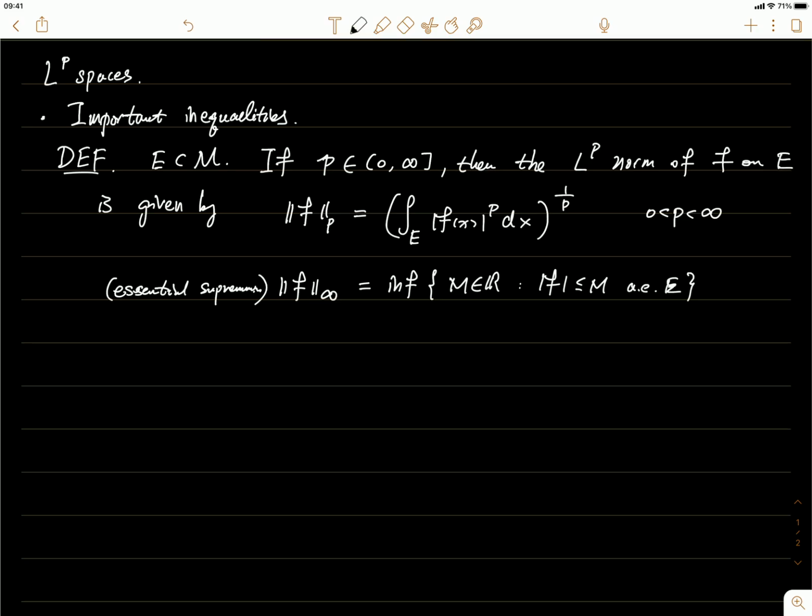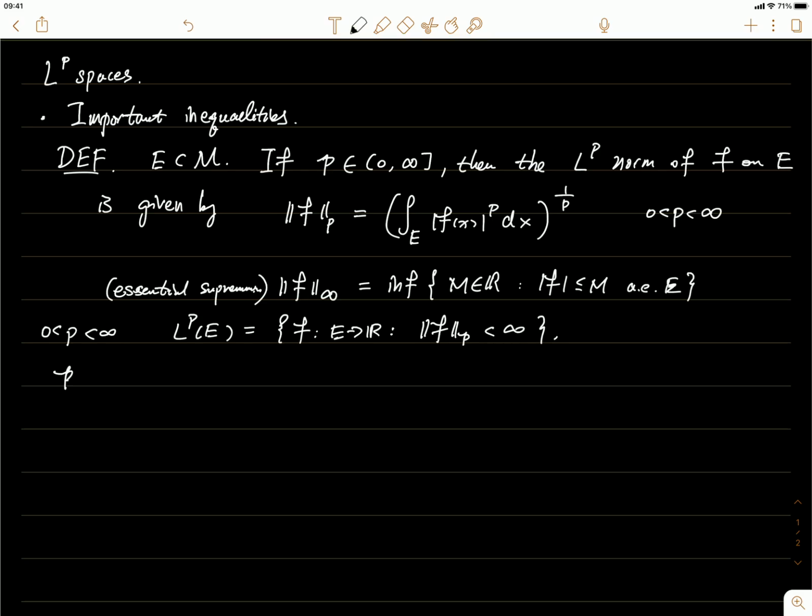Also, if p is between 0 and infinity, then L^p of E is just the set of functions whose L^p norm is finite.